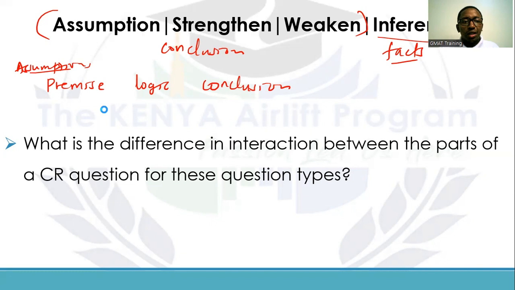So an assumption comes here. That is where there is some missing information that the logic needs so as to draw this conclusion. So in short, an assumption is information that is needed for the conclusion to be true.